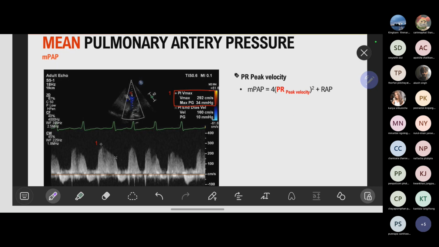And mean pulmonary artery pressure is also estimated by using PR peak velocity. PR peak velocity is here.